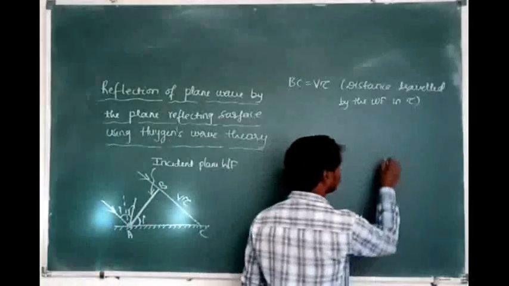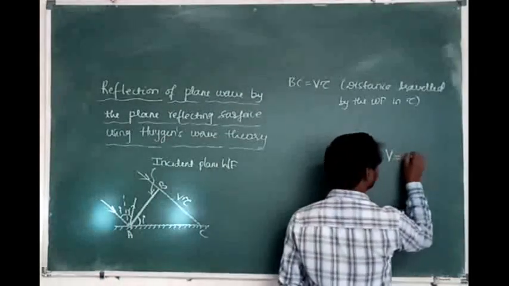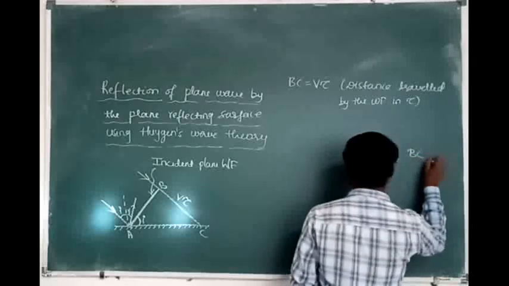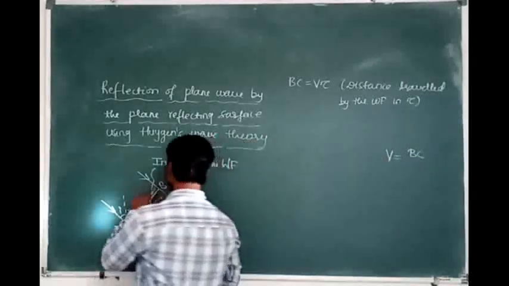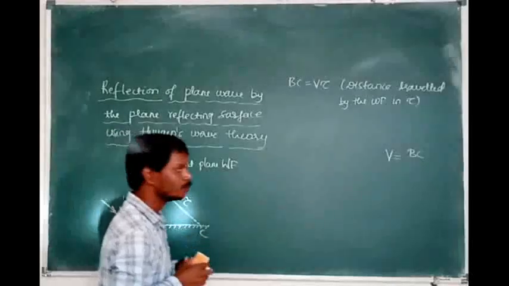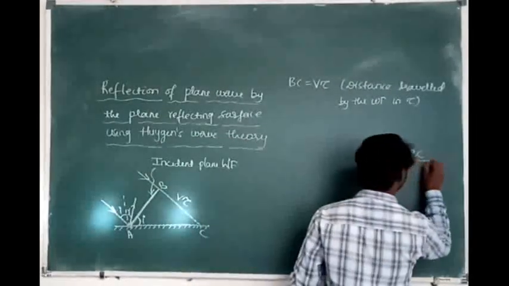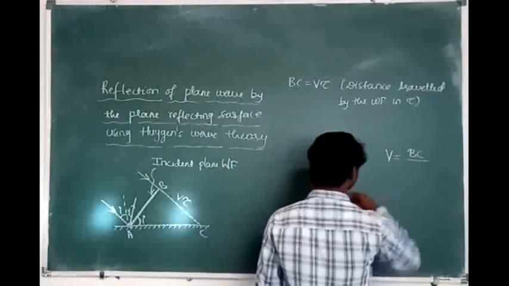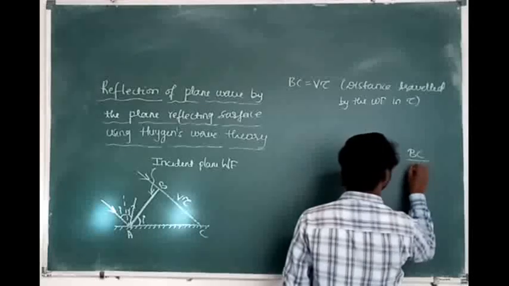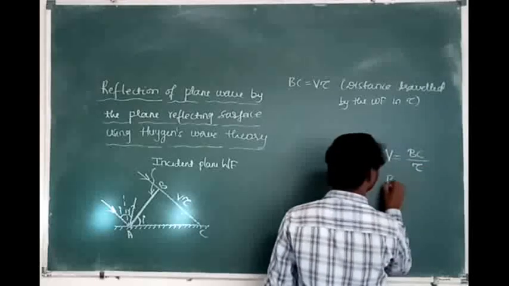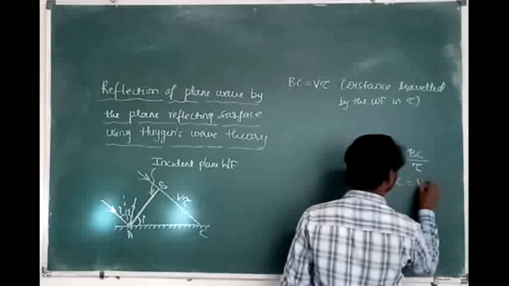What is the definition of speed? Speed is nothing but distance traveled. What is the distance traveled by the wavefront from B to C? That is BC. BC divided by the time taken, that is tau. Then BC is equal to v into tau.